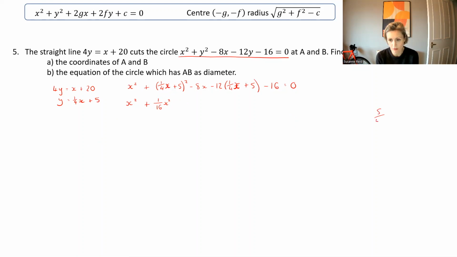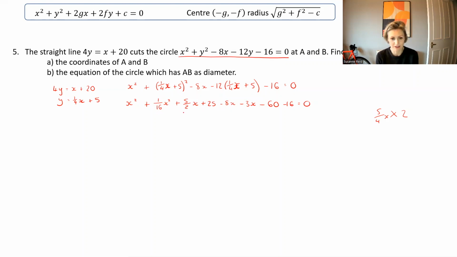If we are doubling that, then that becomes 5 over 2x. Then squaring the last 5 squared is 25, minus 8x, then minus 12 divided by a quarter is minus 3x, and minus 12 times 5 is minus 60, minus 16 equals 0.